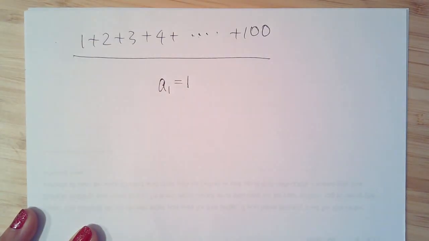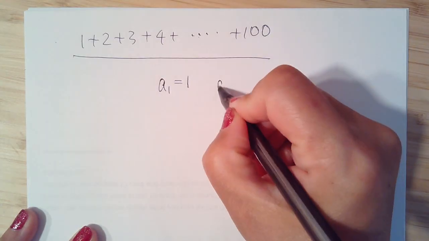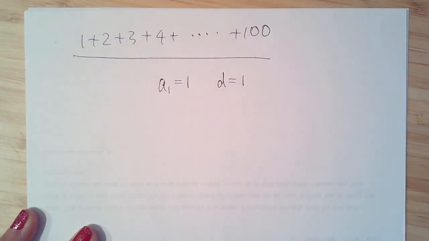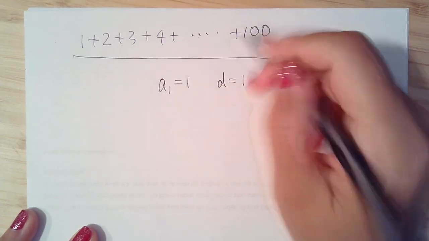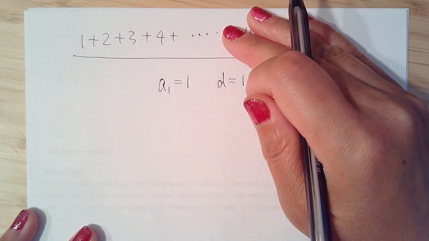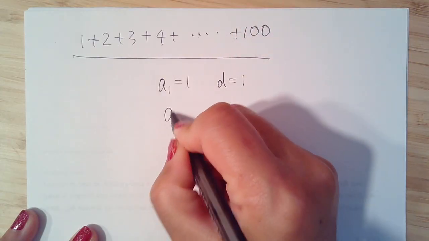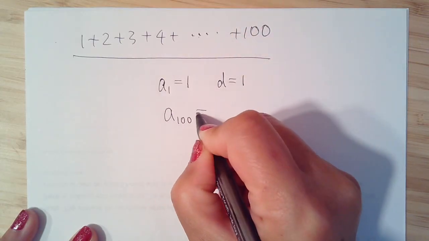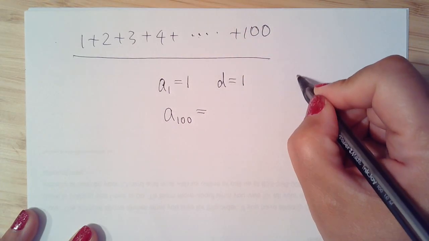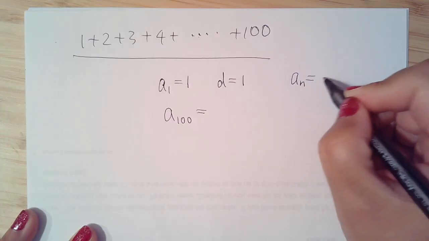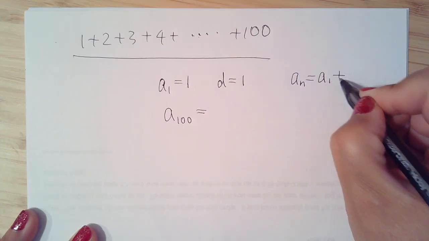That's the first term. And we know D is 1, right? Even though I didn't list the whole thing, if I just say get the sum of the first 100, so that is A100. Can you figure that out? Do you remember this formula?